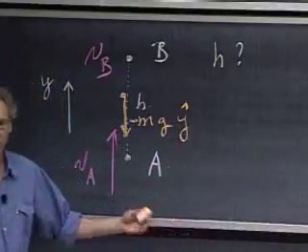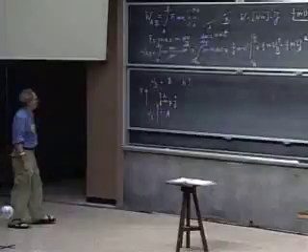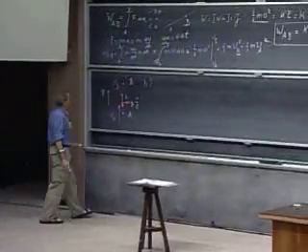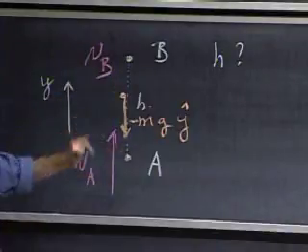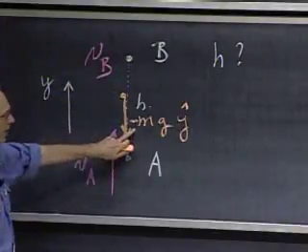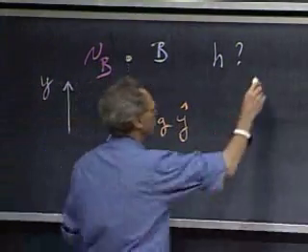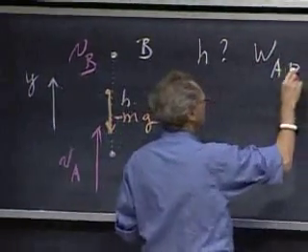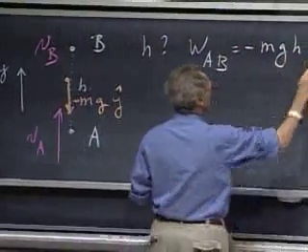We've done that in the past in a different way. Now we will do it purely based on the energy considerations. So I can write down that the work that gravity is doing in going from A to B is clearly negative. The force is in this direction and the motion is in this direction. So the work that gravity is doing in going from A to B equals minus mgh.